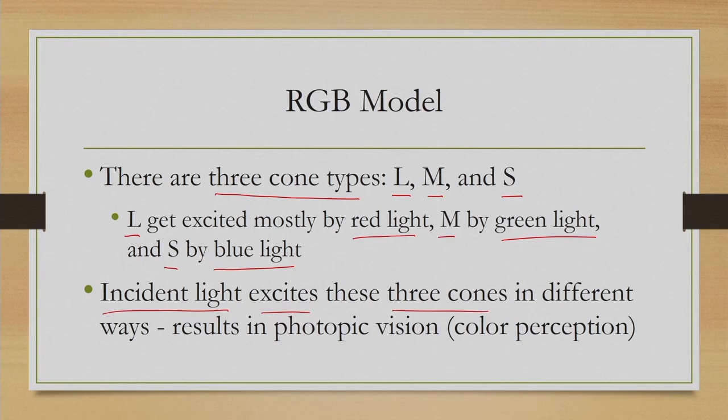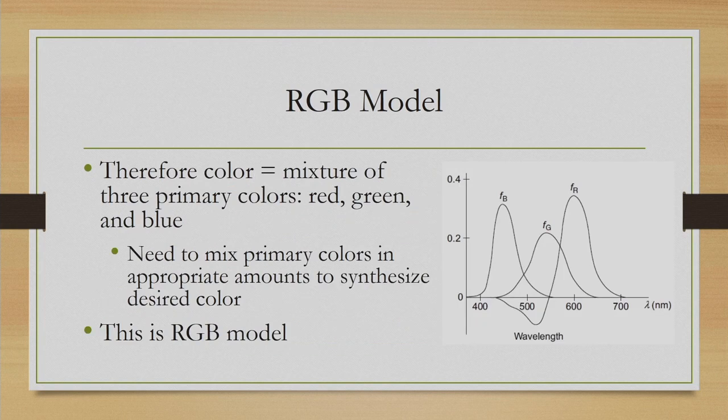That means, they excite them in different amounts, which results in the photopic vision, which gives us perception of color. Thus, we can think of color as a mixture of three primary colors, red, green and blue, and we need to mix these three colors in appropriate amounts to synthesize the desired color.